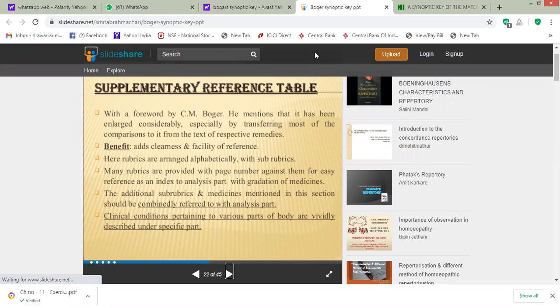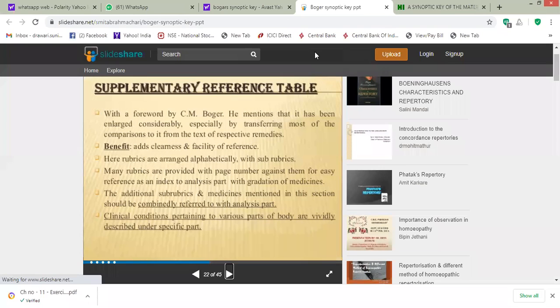And in front of many rubrics we can get the page number given, so it is easy to find that rubric on that page in the analysis part, that means in the repertory part.